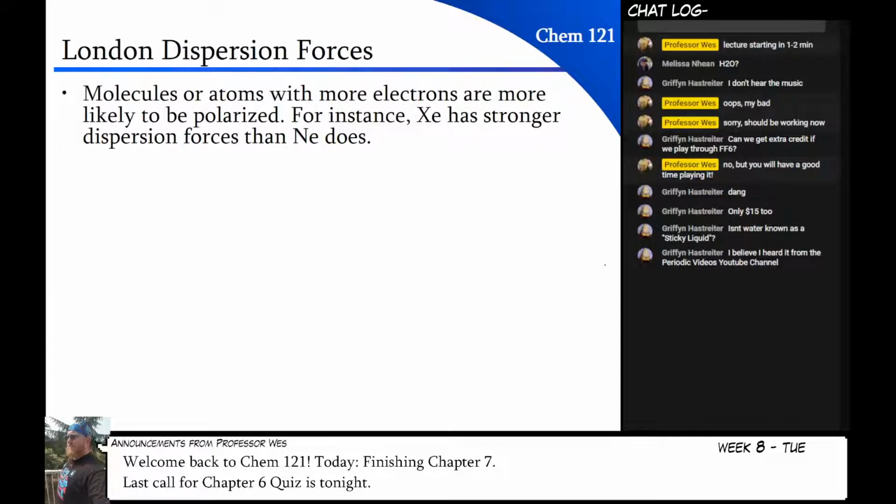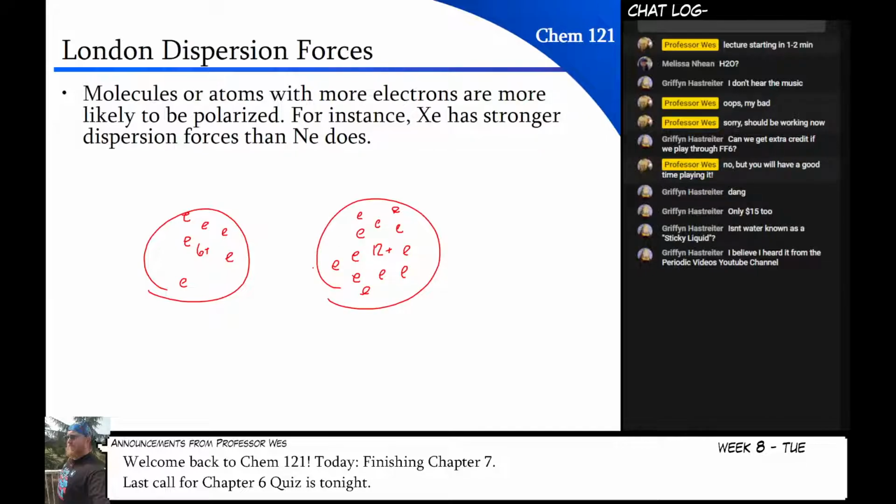First of all, if I have more electrons, so if I have something that has 6 electrons around its nucleus versus something that has 12 electrons around its nucleus, in order for me to get an uneven distribution of electrons, I would have to move most of my electrons to one side, right?